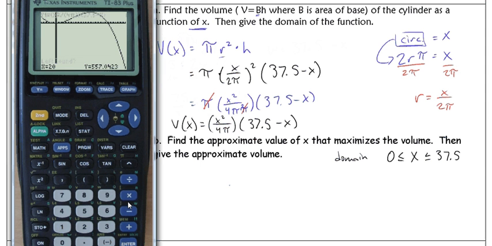So maximum, and I'm looking for my cursor. There it is. I'm left of my maximum. Hit enter, and now go right of the maximum. Enter. Don't guess. Just hit enter again, and it's going to find my maximum for me.